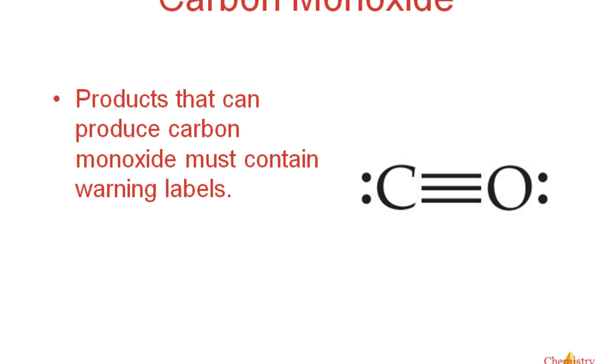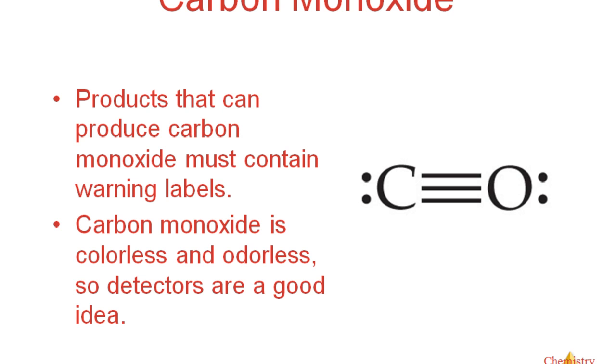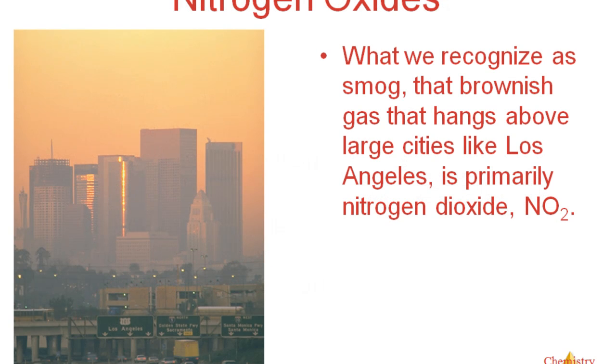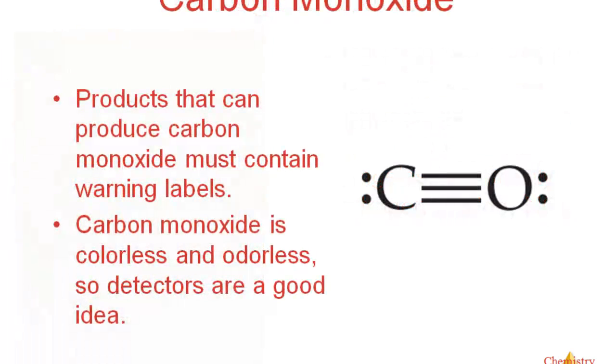Now, because of this reason, products that contain carbon monoxide need good warning systems. I think in your book you have a picture of an old-fashioned kerosene lamp. Those things will have clear warnings, because carbon monoxide is usually produced in incomplete burning.